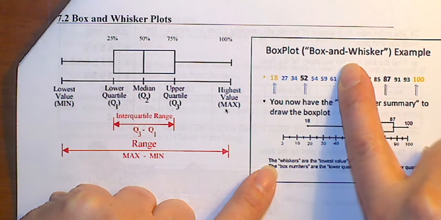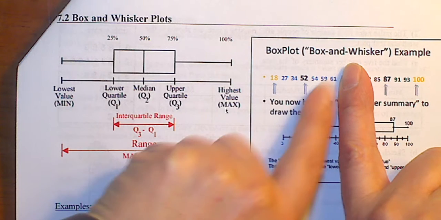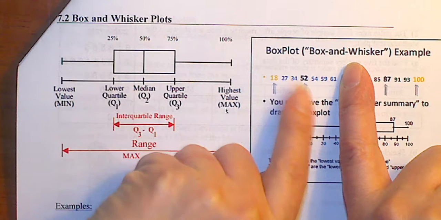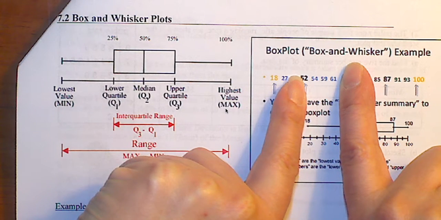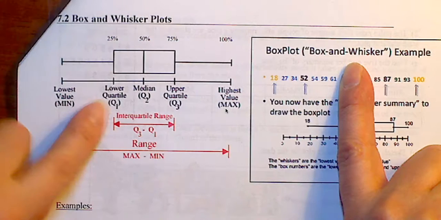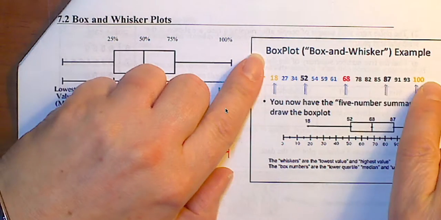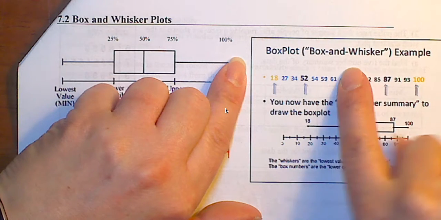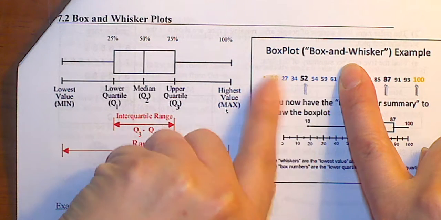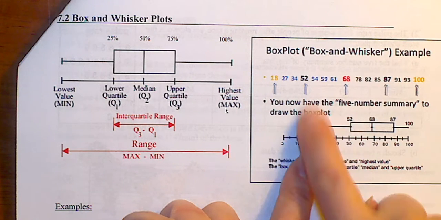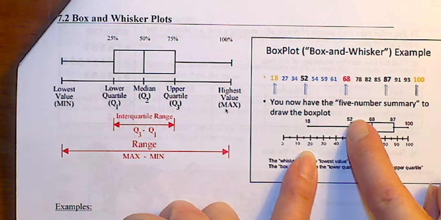Now, if you don't include that value, then you find the median of the lower half, and that gives you what's called the first quartile, Q1. So you're finding the median of the entire set, then the median of the bottom half is the first quartile, and that was 52, so that's here, okay?